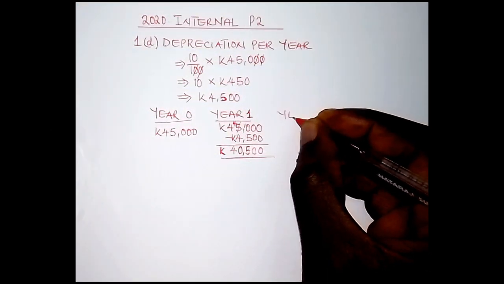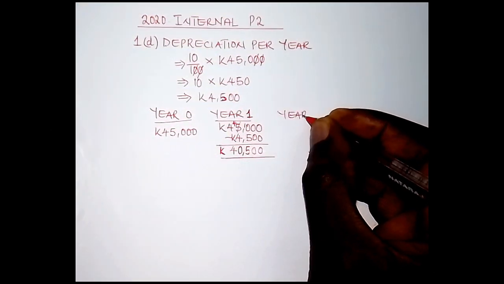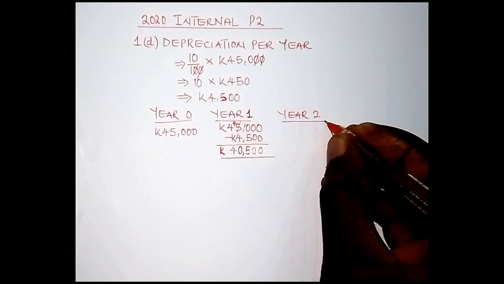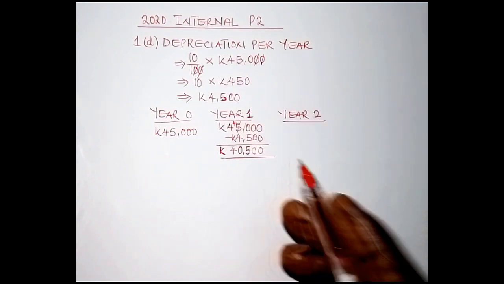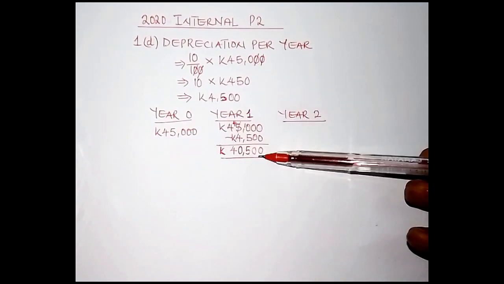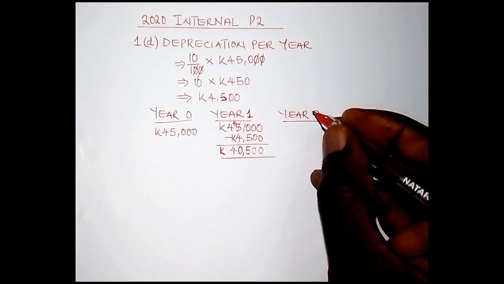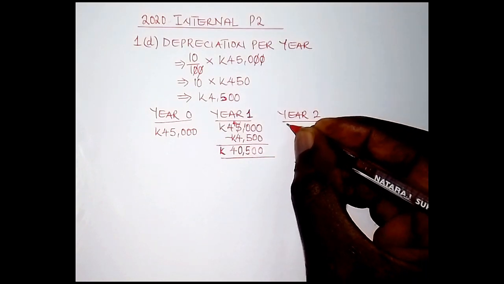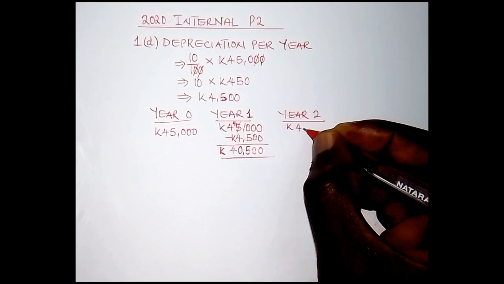What will be the value of the vehicle at the end of second year? So we're going to say year 2. At the beginning of the year, the value of the vehicle is going to be 40,500.